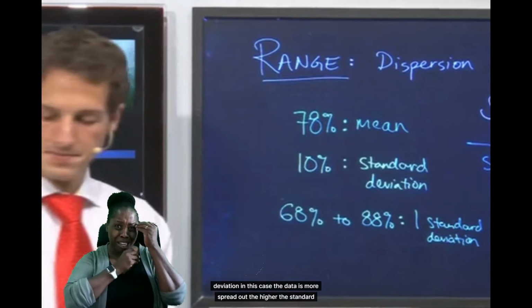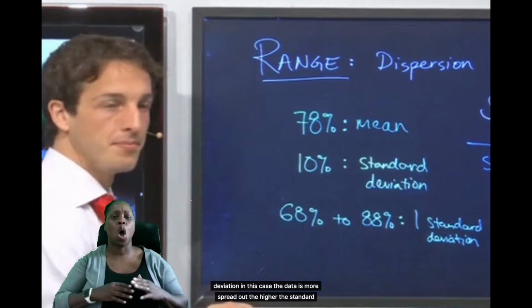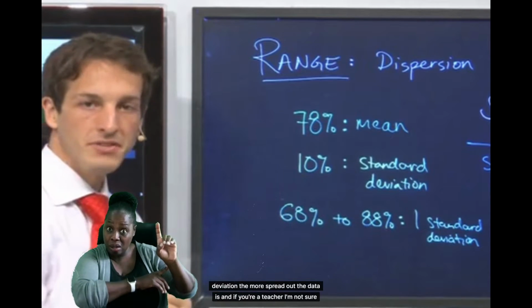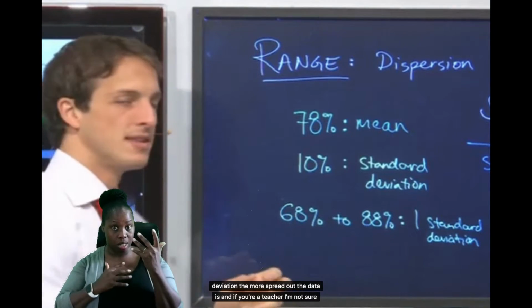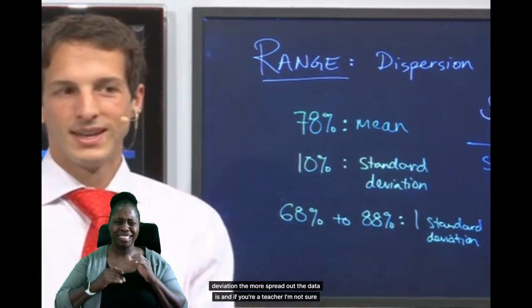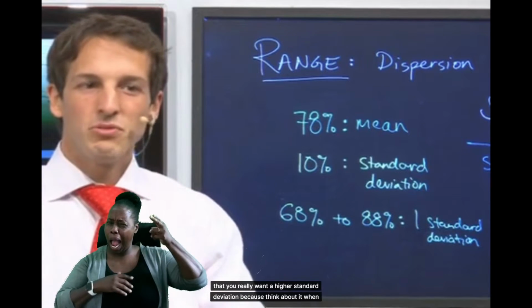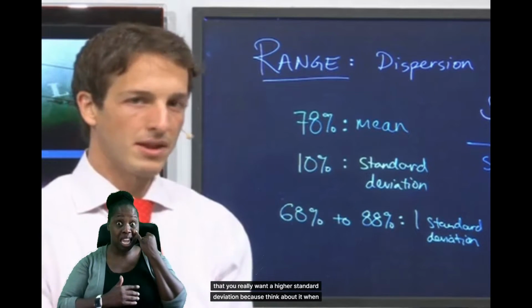In this case, the data is more spread out. The higher the standard deviation, the more spread out the data is. And if you're a teacher, I'm not sure that you really want a higher standard deviation. Because think about it.